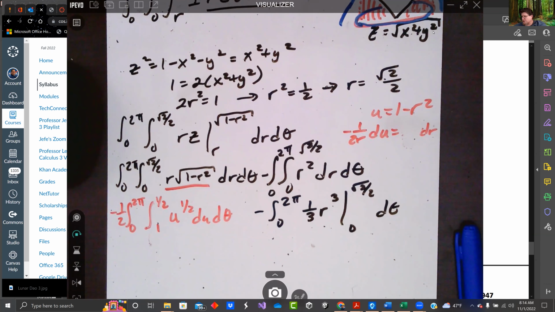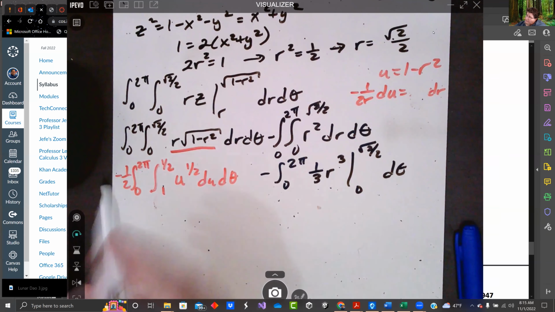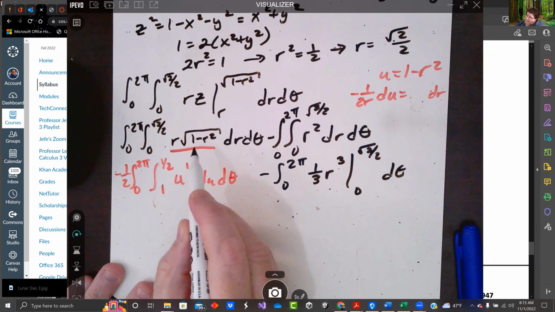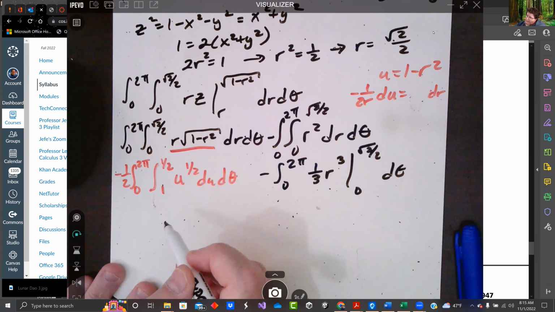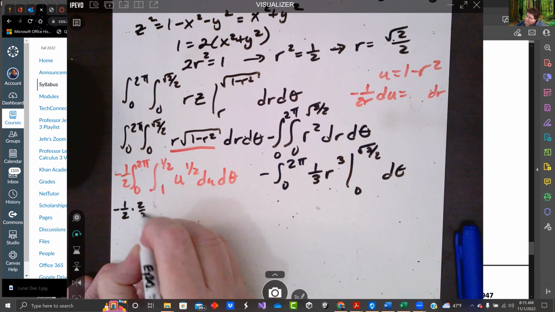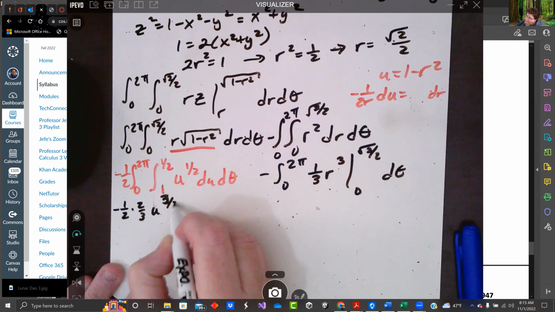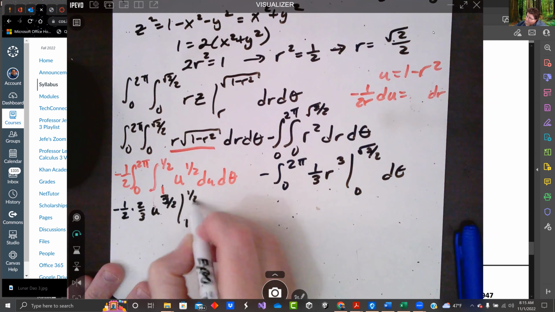I could change the sign here by flipping this integral. I'm lazy, I'm not even going to do that. I'm just going to integrate. So the power is 3/2, divided by 3/2, or multiply by 2/3. I've got u to the 3/2 from 1 to 1/2.